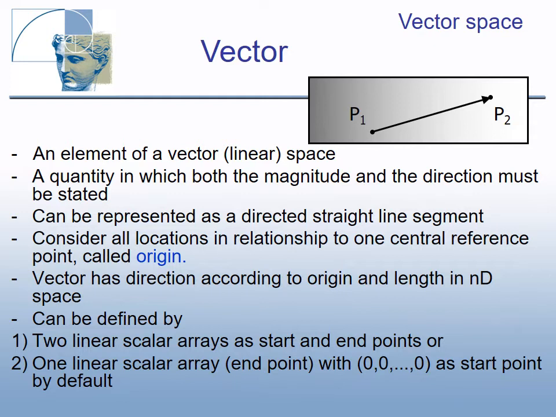Vector has direction according to origin and length in n-dimensional space. Vector can be defined by two linear scalar arrays as start and end points, or by one linear scalar array for the endpoint with 0 coordinates as start point by default.